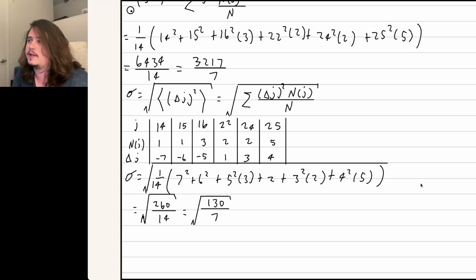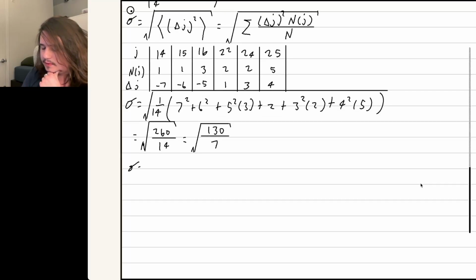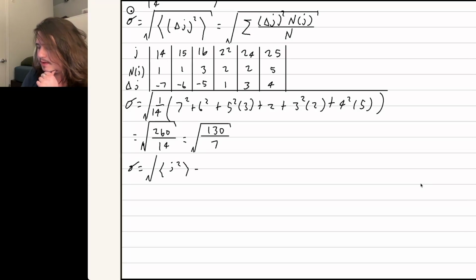And then we're meant to check this result for the standard deviation by using a different method of calculating it, which is taking the square root of the expectation value of j squared minus the squared expectation value of j. For that first term, remember we found 3,217 divided by 7.